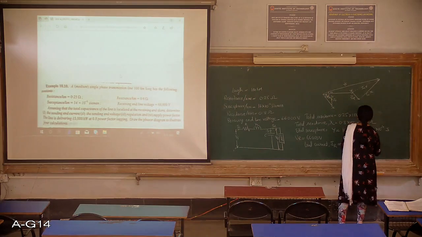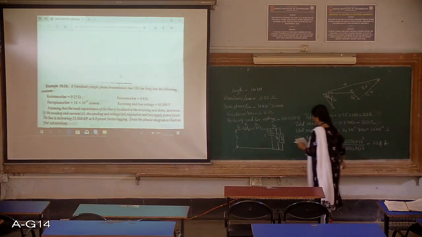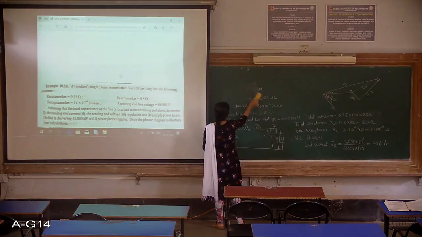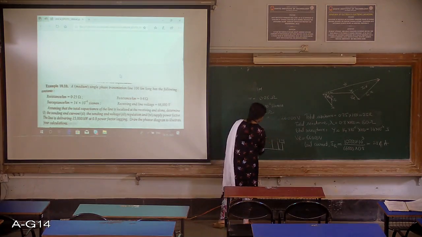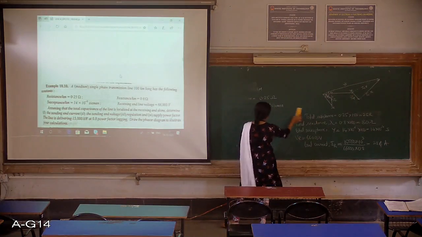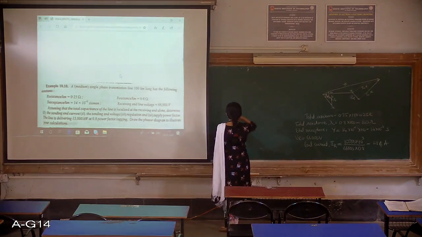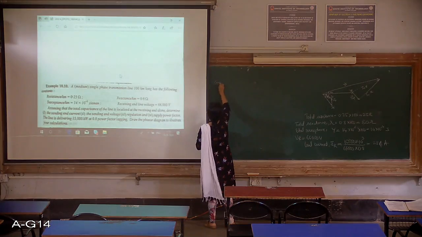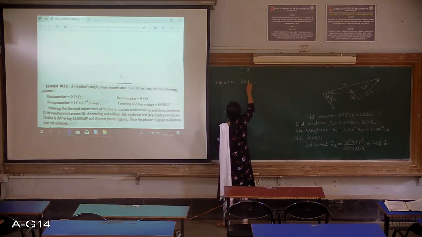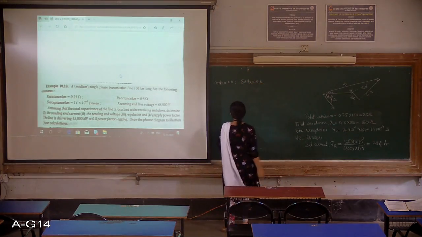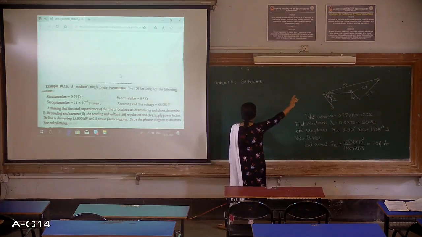So this answer comes out to be 284 amperes. Then I'll write the value of phi r. So cos phi r is 0.8 and sin phi r is 0.6.